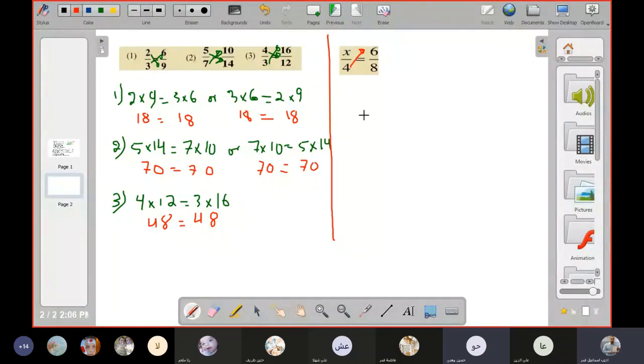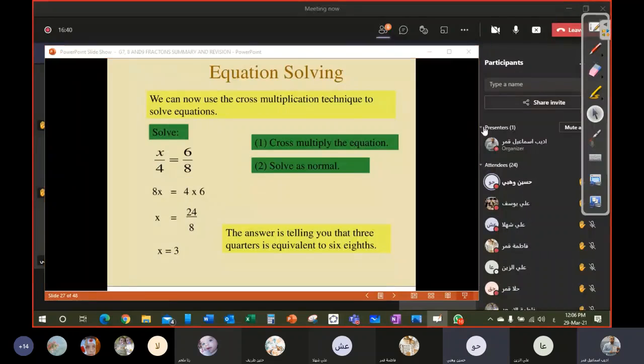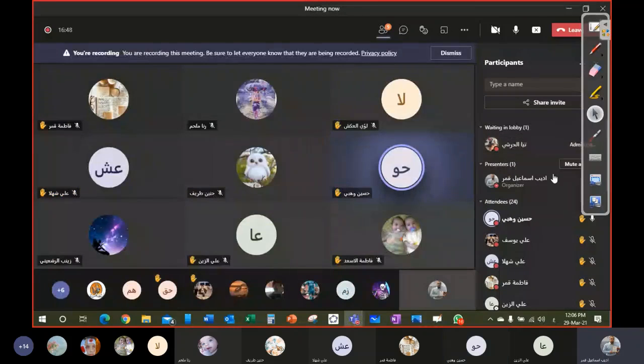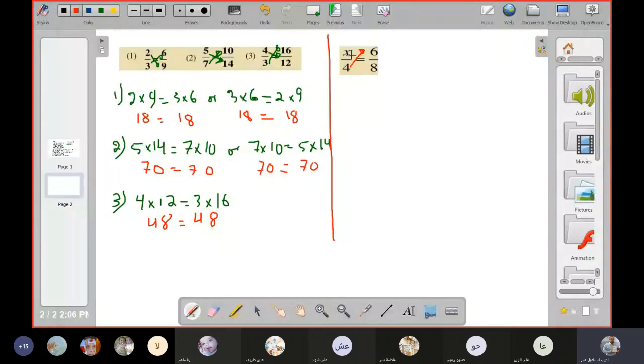What do we call this operation we are doing now? Cross multiplication. It is cross multiplication. So the first step is we cross multiply. X times 8 should be equal to 4 times 6.